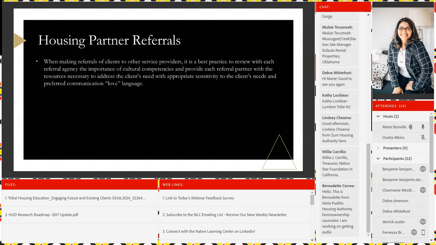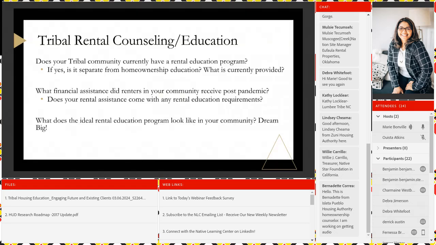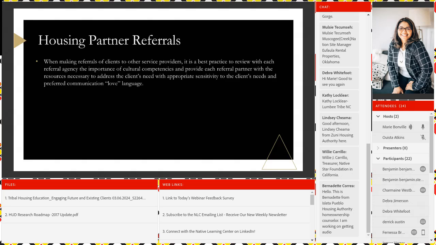So, circling back to this slide here on housing partners, this is just to say that we do provide access to the partners in housing, whether that's your lenders that are Section 184 lenders, your folks that may be close to working with insurance in your areas, in your state. Obviously, you might have several different lenders or CDFIs. USDA is another partner. And then also, maybe there are folks that could go conventional.